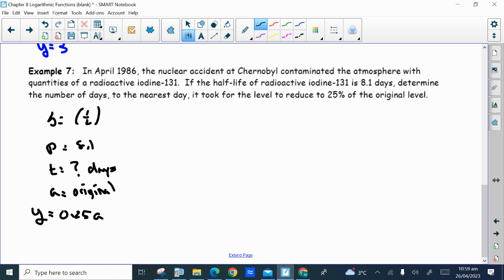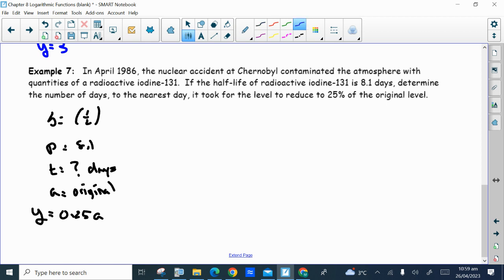Now, I'm going to use these two in my equation. We could do the same thing we did for the previous one. We could say, well, if we started with, let's say, 10 milligrams, then the amount at the end would be 25% of that. 0.25 times 10 is 2.5 milligrams. So you could do that.